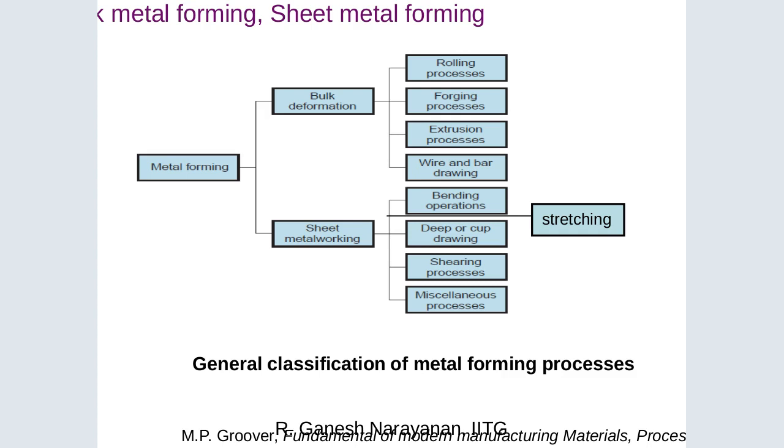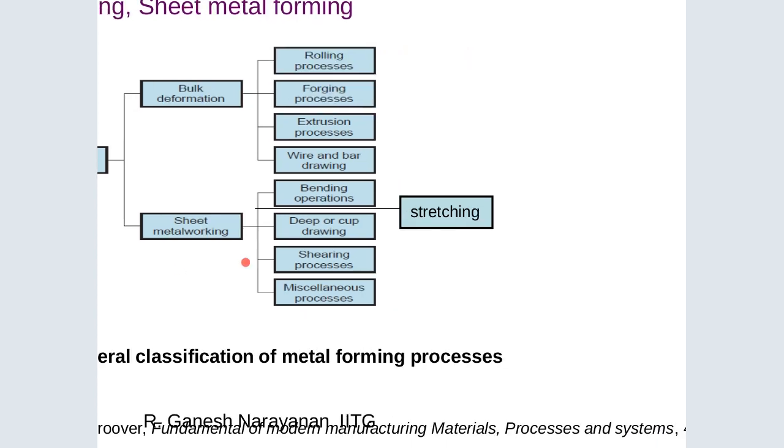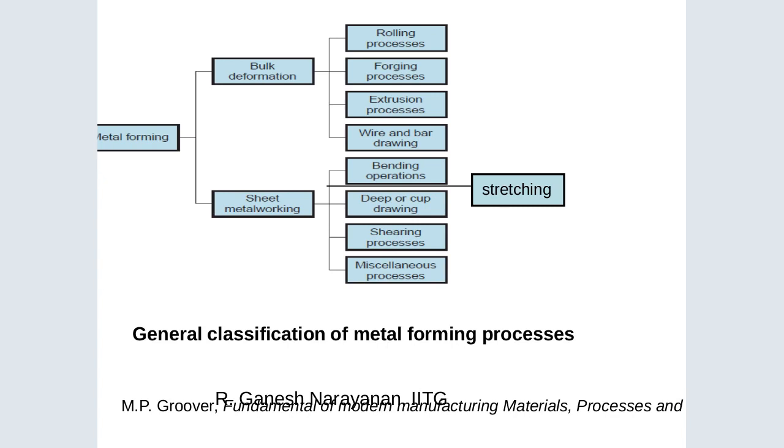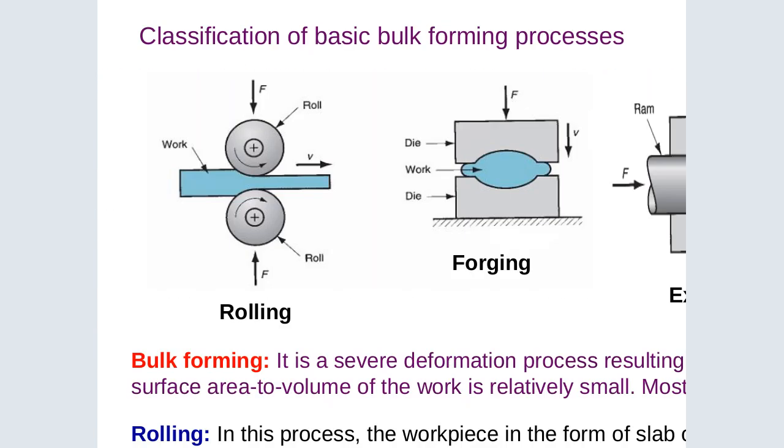And under the bulk deformation, we have the rolling process, the forging process, the extrusion processes, wire and bar drawing, bending operations, deep or cup drawing, shearing processes, miscellaneous processes, and so on, and then stretching. These are the classifications of the metal forming processes.